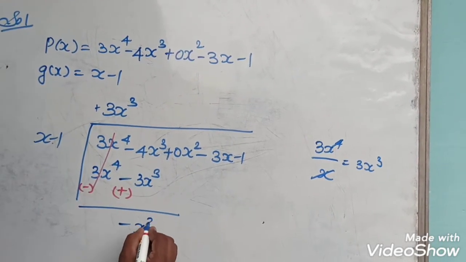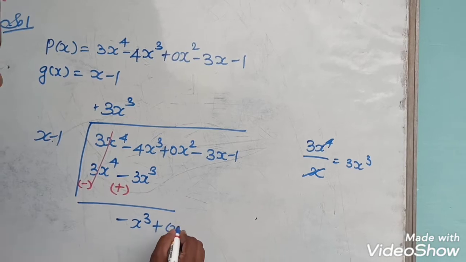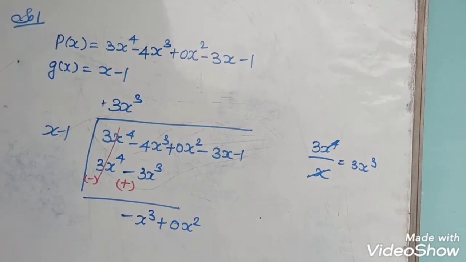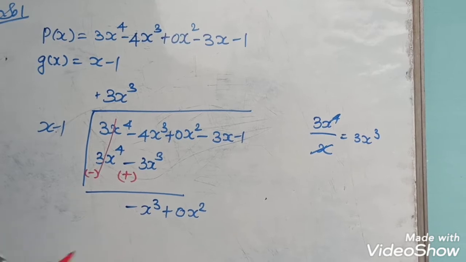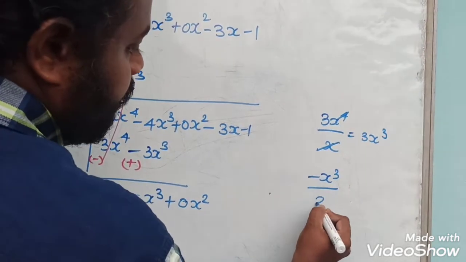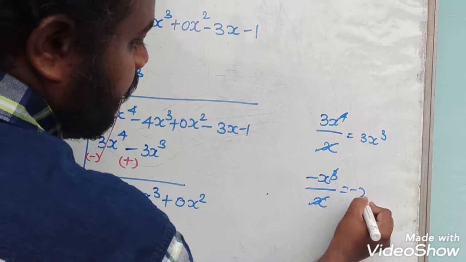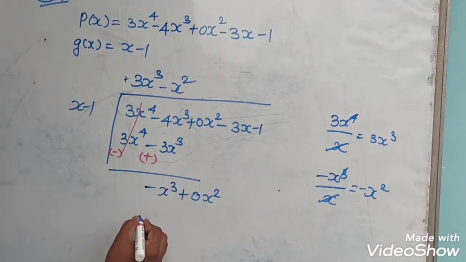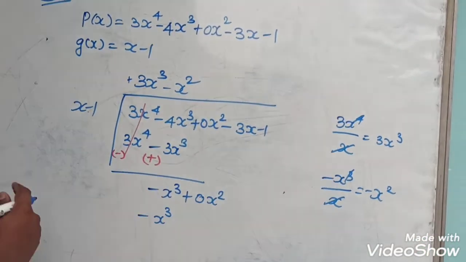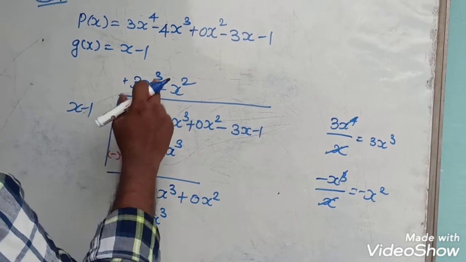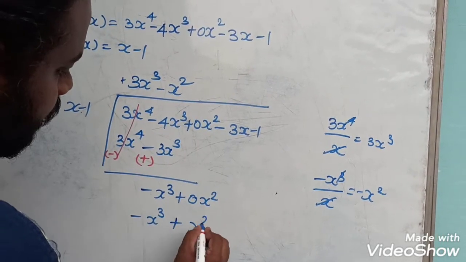So we take x cube plus 0x square. Because of that, we compare minus x cube divided by x. It will cancel. We get minus x square. So plus into minus, minus x cube. Here minus into minus, plus x square.